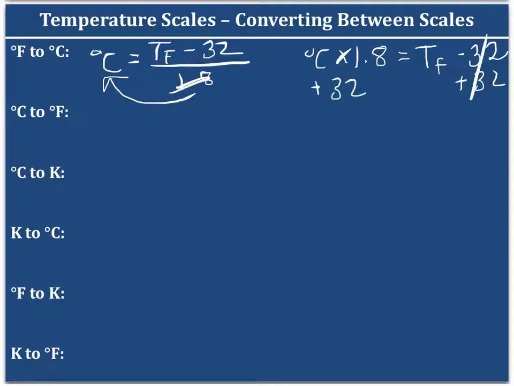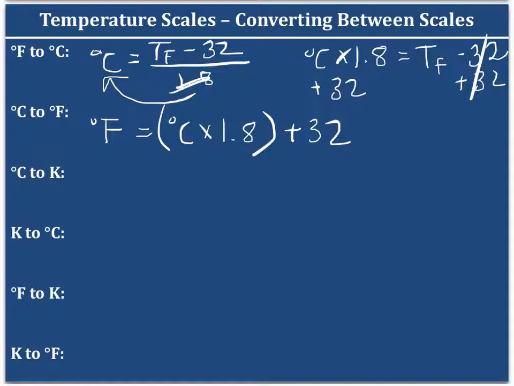And that would get us just Fahrenheit temperature equals degrees Celsius times 1.8, we'll put that in parentheses, plus 32. So you really don't have to remember both of these equations. They're the same thing, just whichever form is easier for you to remember.